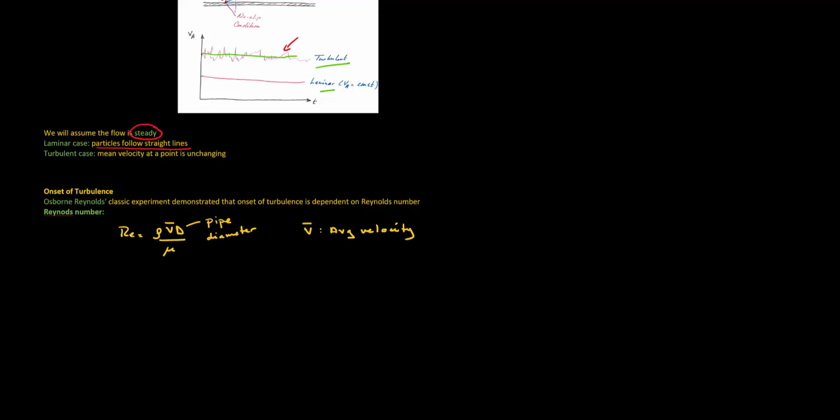And empirically, it's been estimated that for a Reynolds number of less than 2100, we have a laminar flow. For a Reynolds number greater or equal to 4000, we have a turbulent flow.